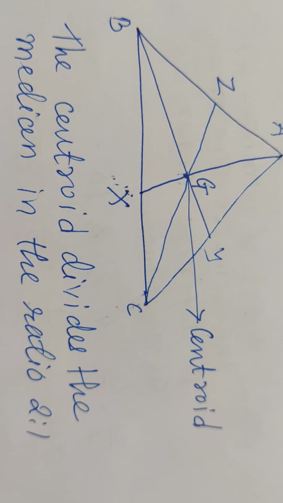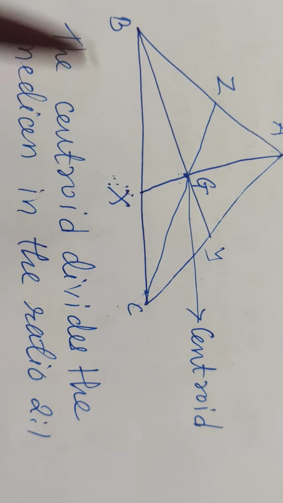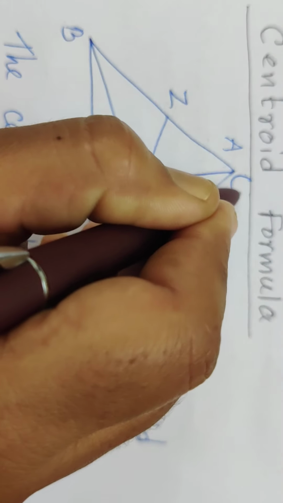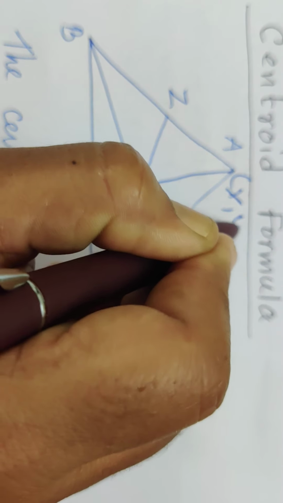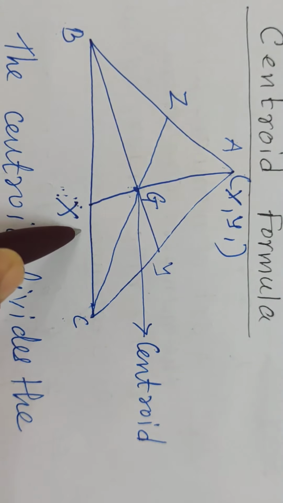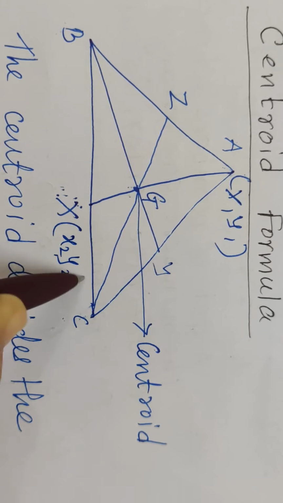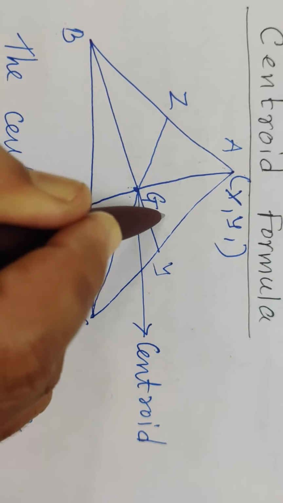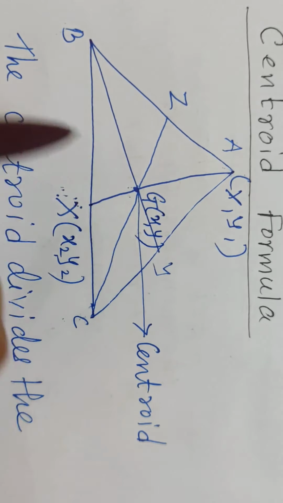Now this is all about the centroid. Today we are going to see the centroid formula in coordinate geometry. Suppose AX is a median and the coordinates of A are given, x1 and y1, and the coordinates of X are x2, y2, and the coordinates of G are x and y.